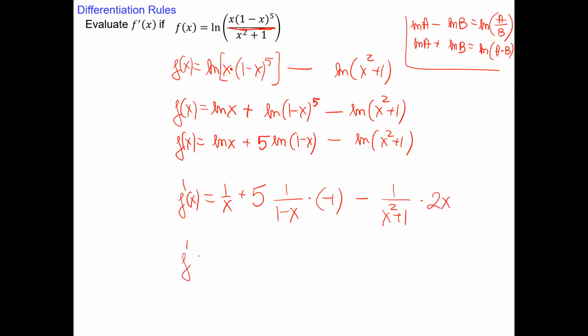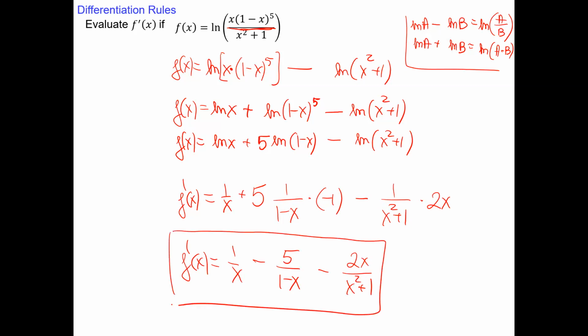We still have a couple of chain rules. This will be negative, and this will be negative 2x over x squared plus 1, and we can leave it like this. At least we can do the derivative in 2 steps, or almost 1, because we use the property of logarithms.